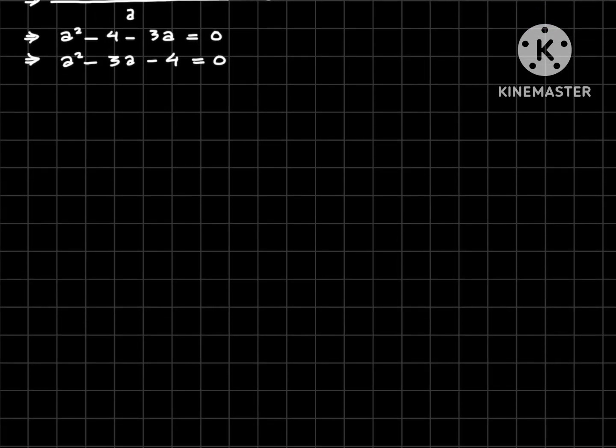Now this is a quadratic equation, and we can solve this using middle term factorization. We can see that we can split -3a into -4a and +a. And here we used middle term factorization.